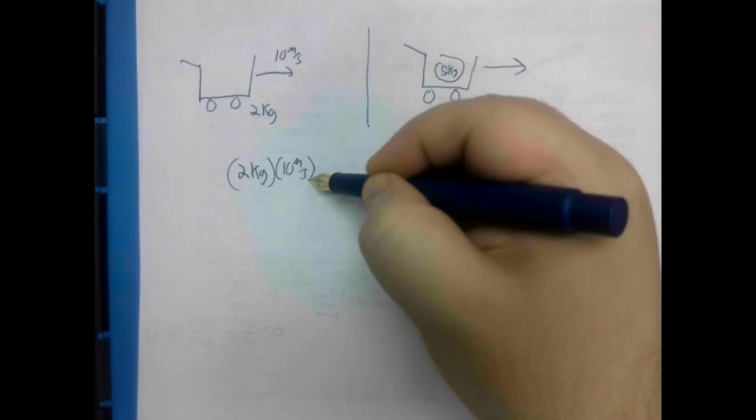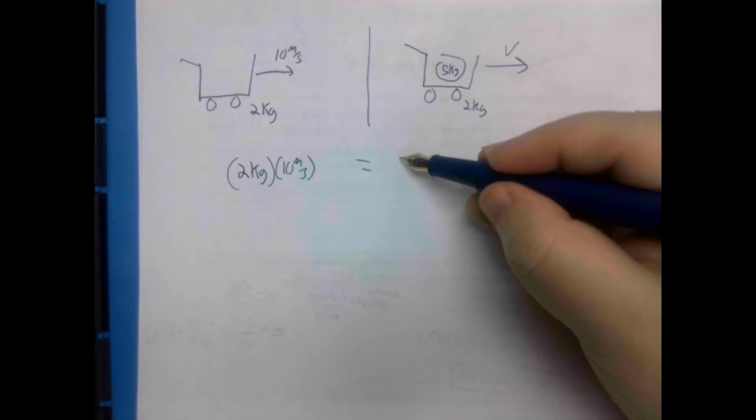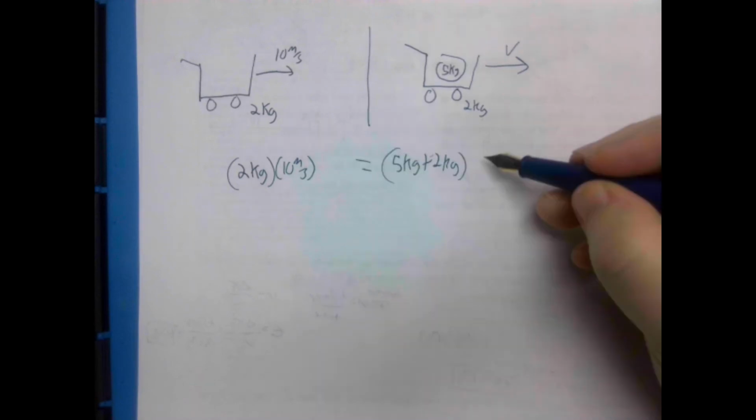The momentum beforehand would be 2 kilograms times 10 meters per second. And that has to equal 5 kilograms plus 2 kilograms times the new speed.